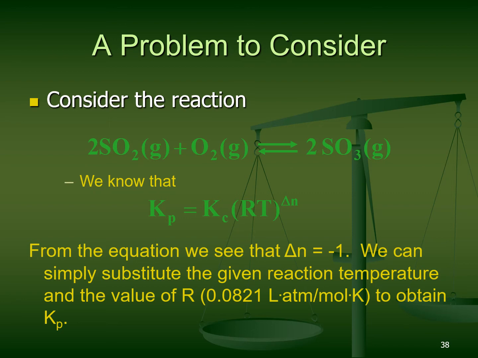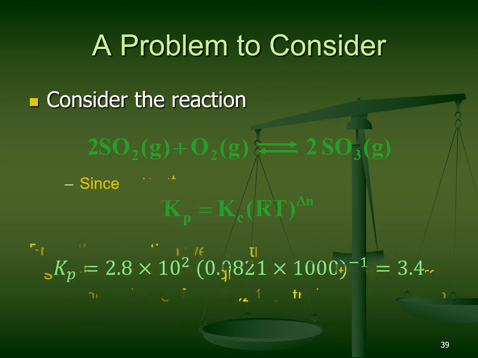So now we can simply substitute Kc, R, and T, raised to the -1. R is 0.0821 liters atmospheres per mole Kelvin. The temperature in Kelvin was given as 1,000, so we just plug that in.